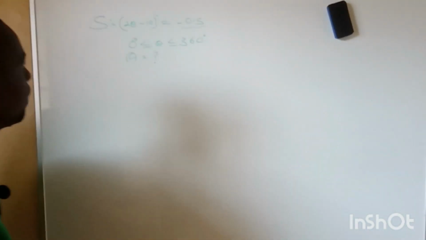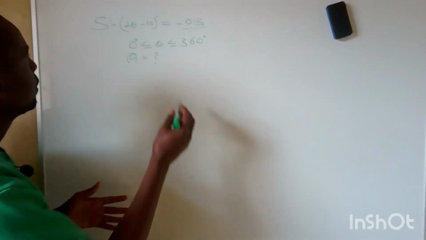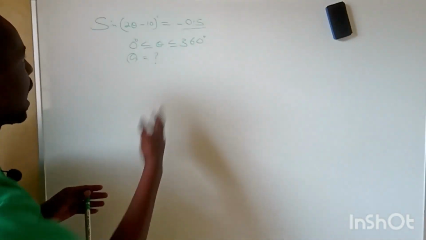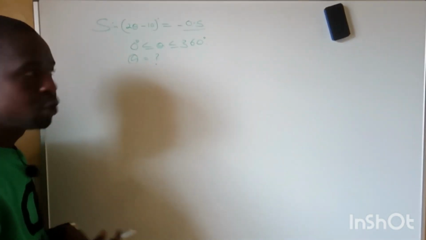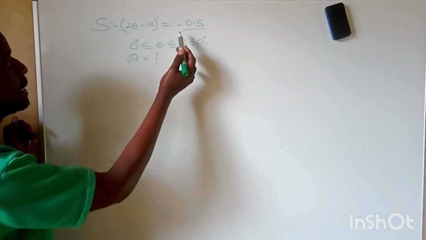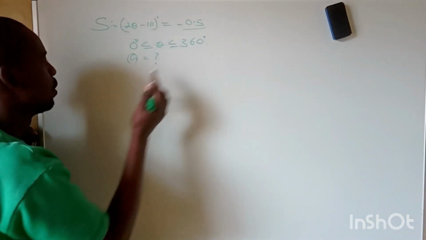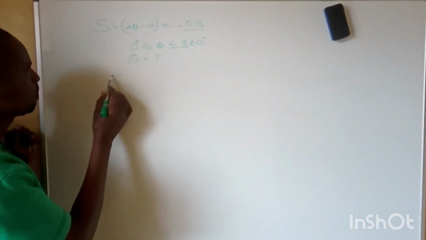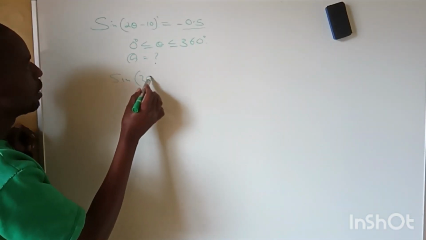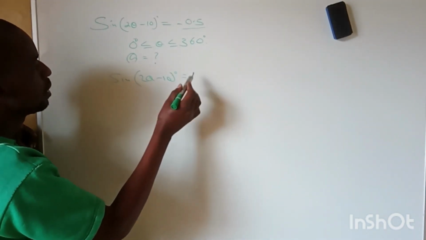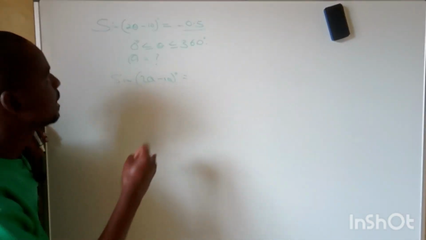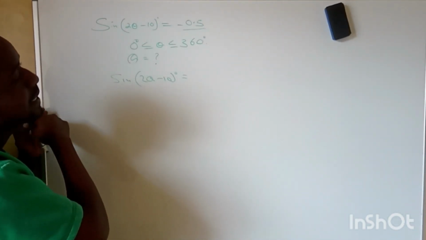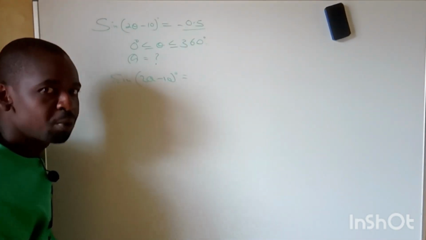Now, the first step here is to look at the question carefully, and you realize that we have negative 0.5. So be careful, because it is negative, it is not positive. The first step is to find the angle whose sine is negative 0.5, but you cannot get it directly.